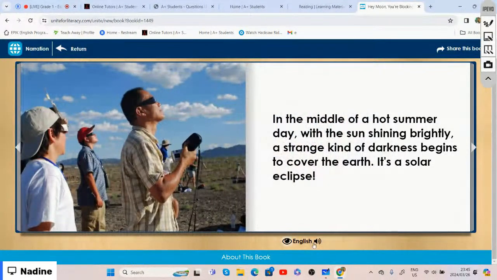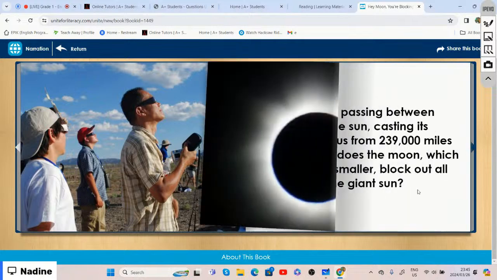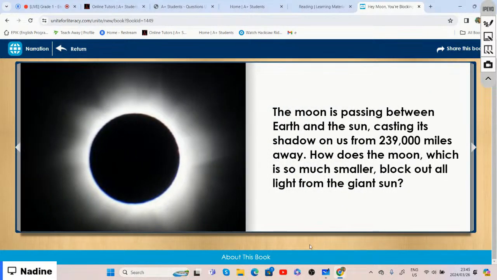In the middle of a hot summer day, with the sun shining brightly, a strange kind of darkness begins to cover the earth. It's a solar eclipse. The moon is passing between Earth and the sun, casting its shadow on us from 239,000 miles away. How does the moon, which is so much smaller, block out all light from the giant sun?